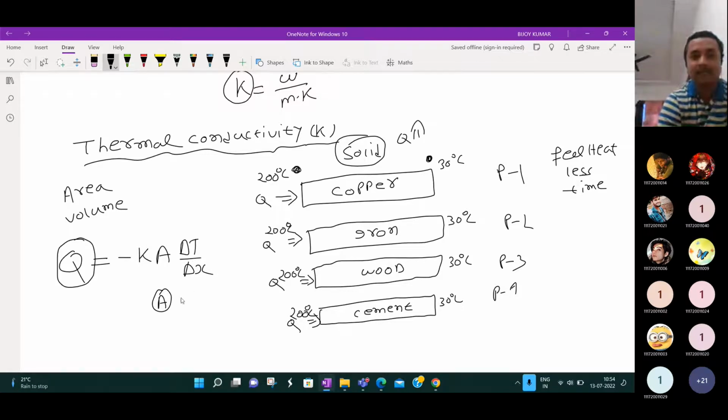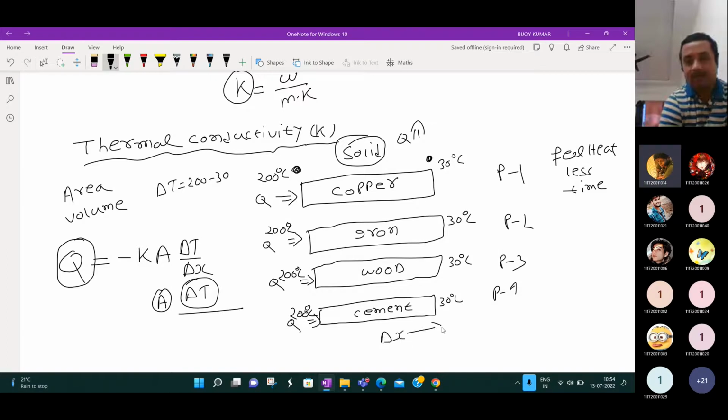What is delta T? Delta T is nothing but the temperature difference, 200 minus 30, the same in all cases. Delta T is final minus initial, so 30 minus 200.